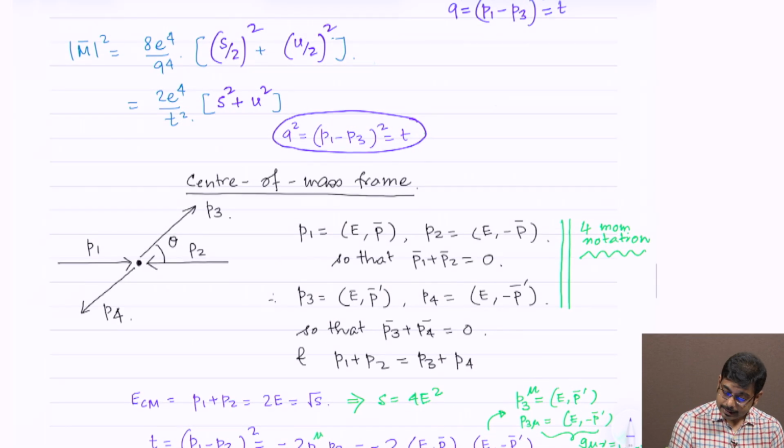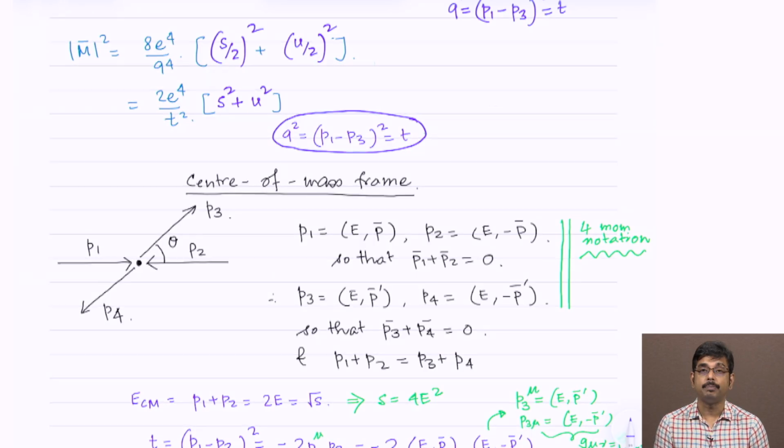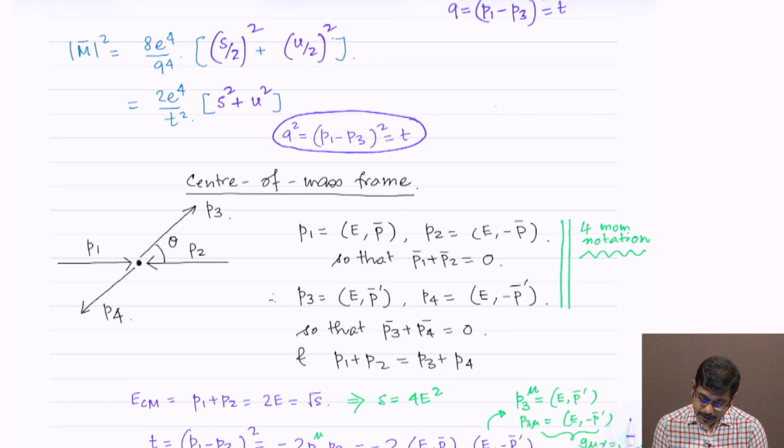Now let us take this calculation further and let us stick ourselves to the center of mass frame. What is the definition of the center of mass frame? Center of mass frame is essentially the frame where these particles which are colliding are coming with equal and opposite momenta.